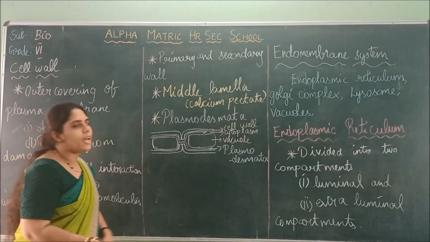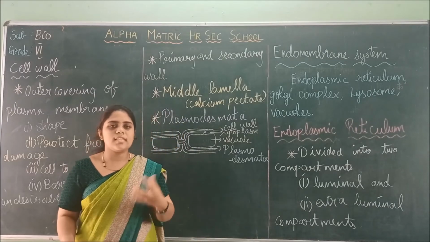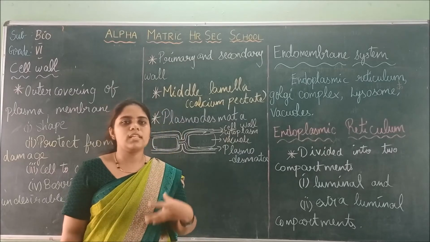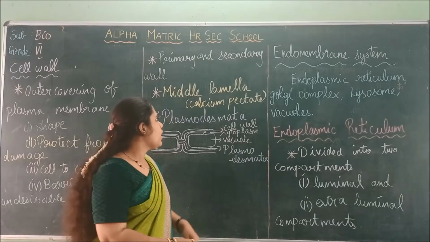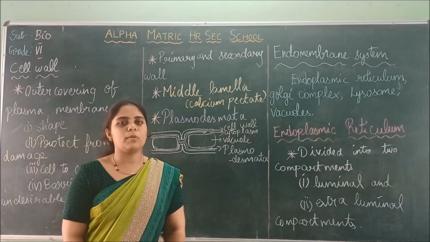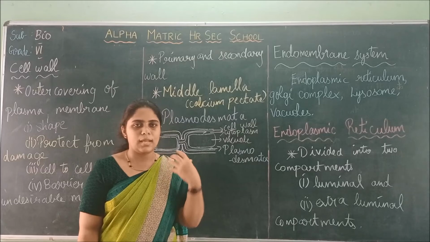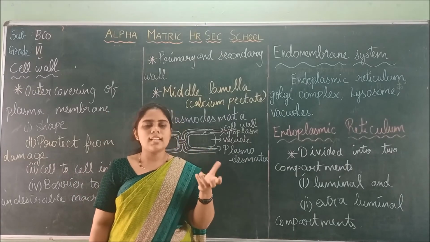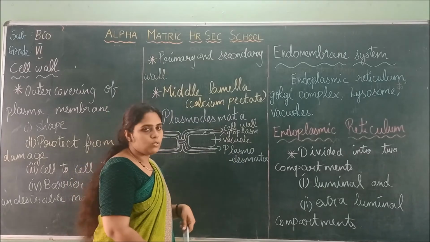And we saw about the primary and secondary cell wall. The primary cell wall is present at a very young stage, and after maturity the primary cell wall dies and the secondary cell wall is formed. Then the middle lamella is present after the cell wall. It is made up of calcium pectate, a chemical compound that acts as a sticky agent to attach all the components around the cell.